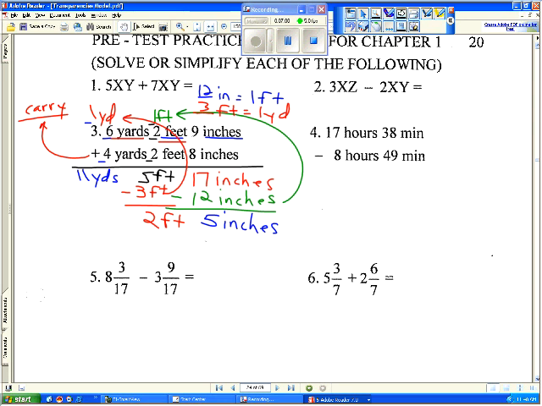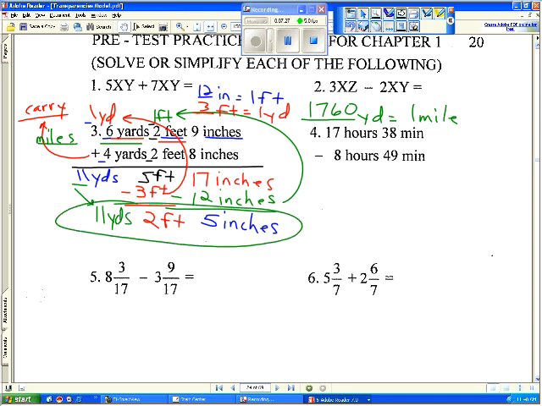And then we ask the question, how many of these does it take to make one of those? How many yards does it take to make a mile? How many yards is equal to 1 mile? 1,760. Do we have enough? No, so we just bring it down. 11 yards, 2 feet, 5 inches. Any questions on number 3?